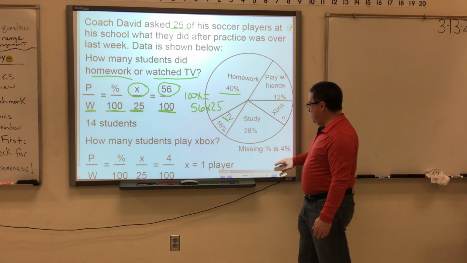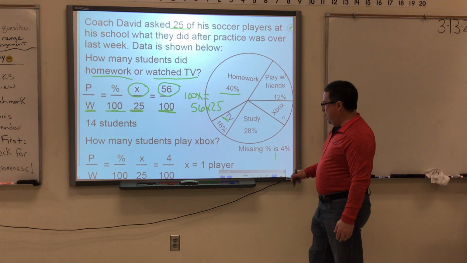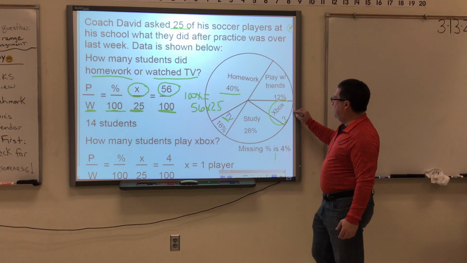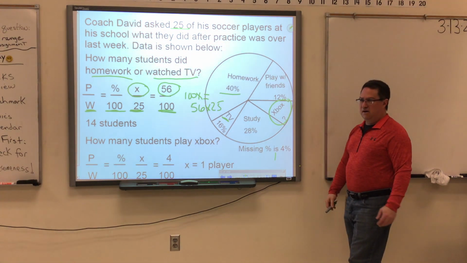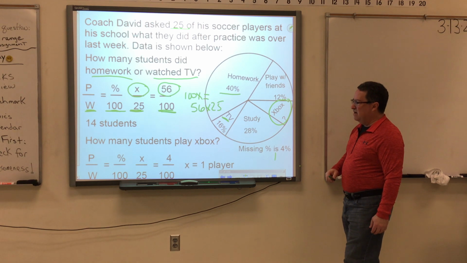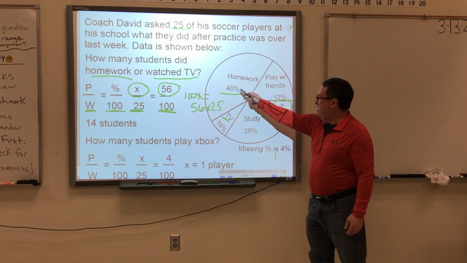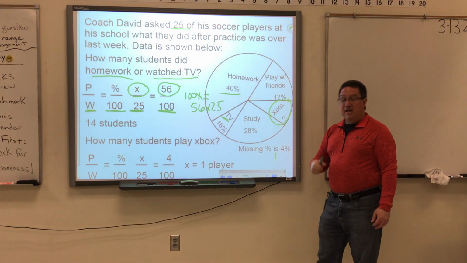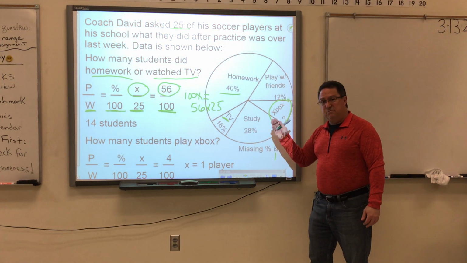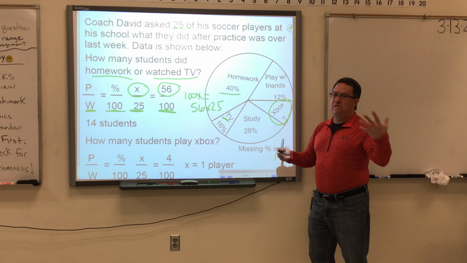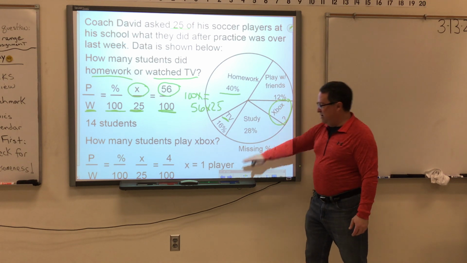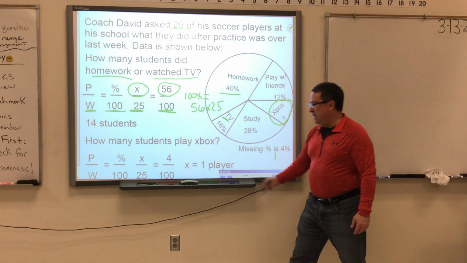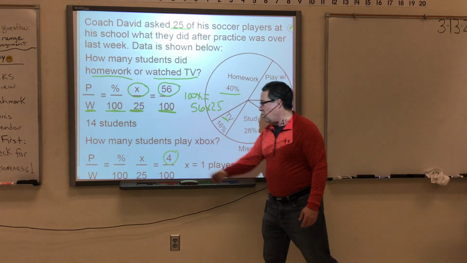Last question, how many students play Xbox? So again, I'm gonna look here and see, first of all, there's a question mark here. So if there's a question mark here, then I have to take 40 plus 12 plus 28 plus 16 and add those together and subtract that number from 100, just like we did here in that previous slide. The answer that I get happens to be 4%.